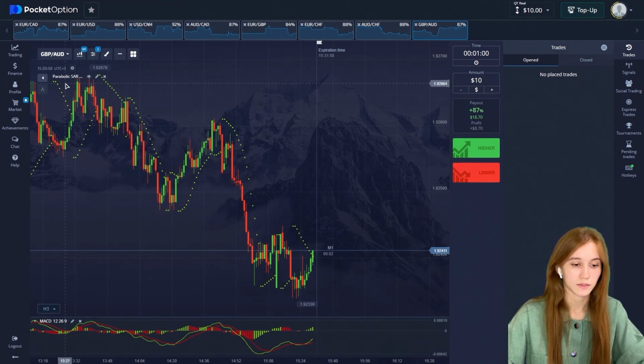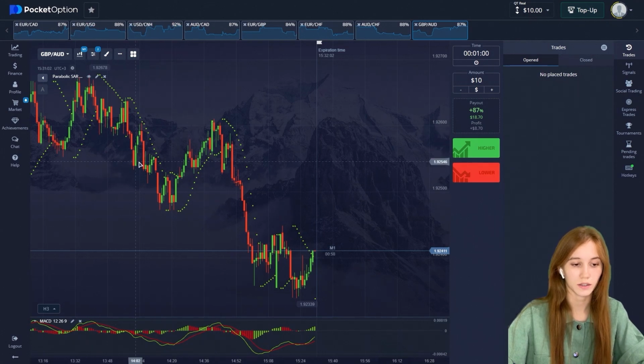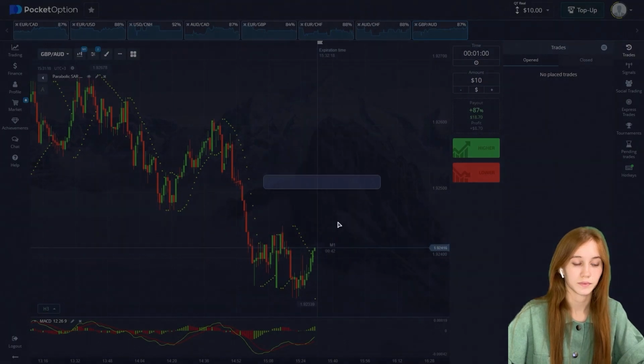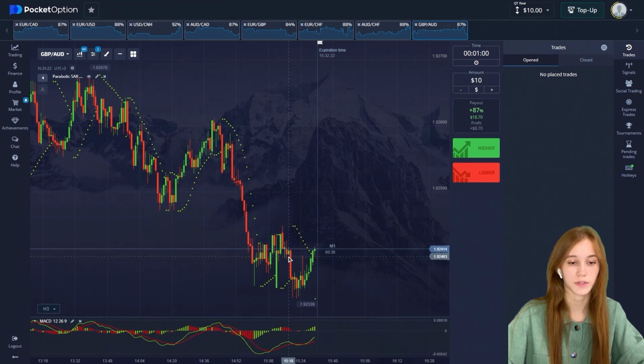So let me tell you about the indicators. The first one, you see it on my screen, with its parameters. You can copy it and use it. Parabolic strives to recognize the right moments when the current position should be closed and the opposite one opened accordingly.